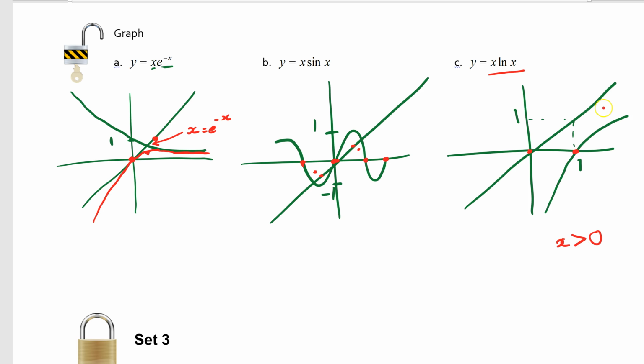Now out this side, we can see that we're multiplying the value of y on here, the y equals x curve, by a number which is smaller than that. So the product will be bigger than this curve, but over time this curve will tend to dominate the y equals x curve.